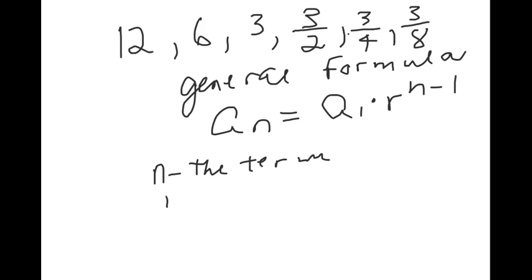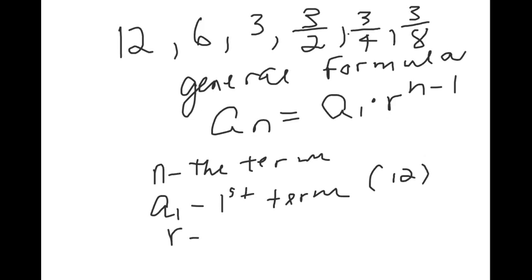The A_1 is the first term in the sequence, and you have that. What is the first term in the sequence? 12. Wow, very good. And then the R value is that number we keep multiplying over and over to get to the next term. What's the R value? 1/2. 1/2, okay?